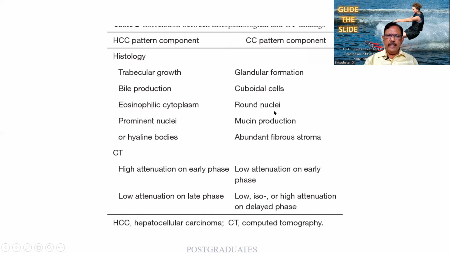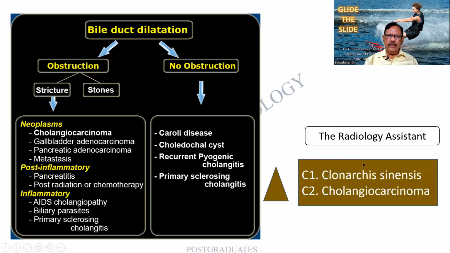Eosinophilic cytoplasm, rounded nuclei, prominent nuclei, mucus production that I had mentioned over here. Hyaline bodies may be seen. Mallory hyaline, of course, in hepatocellular carcinoma. Abundant fibrous stroma. Please see this. So, these are the features. The diagnosis for us happens to be Clonorchis sinensis for the first slide and cholangiocarcinoma for the second one.